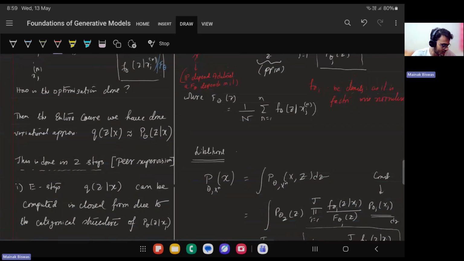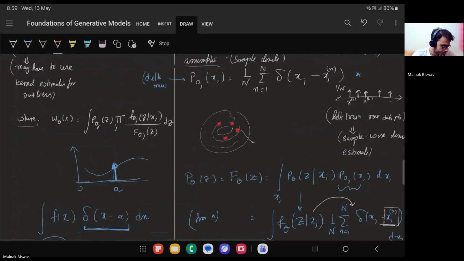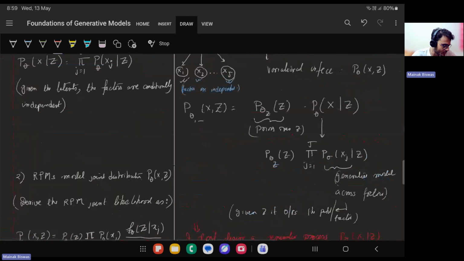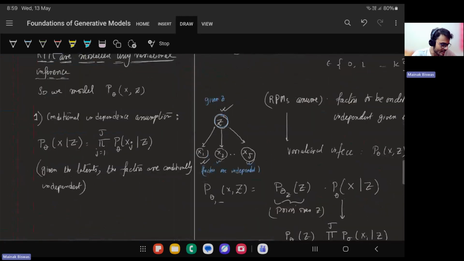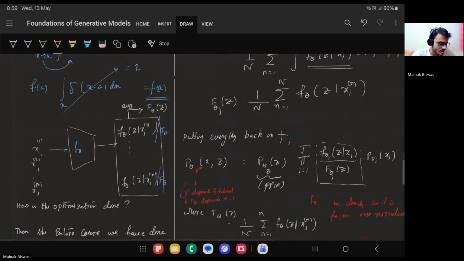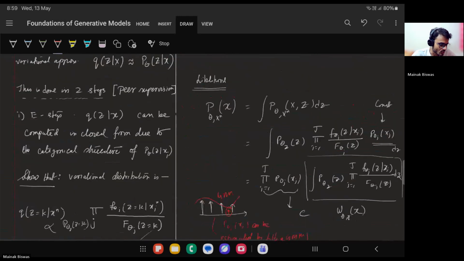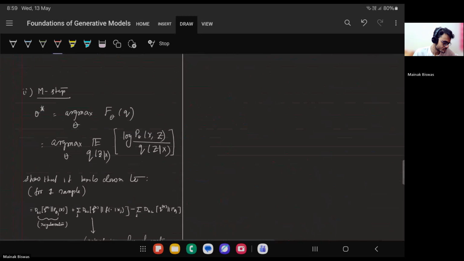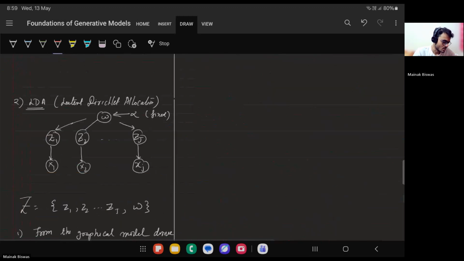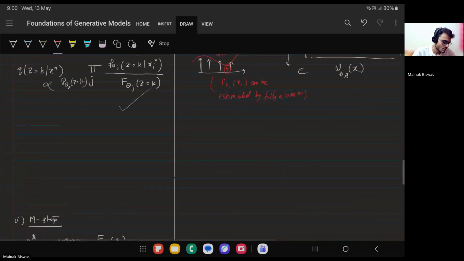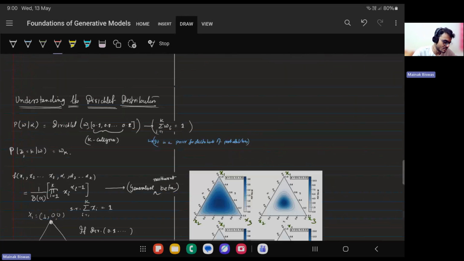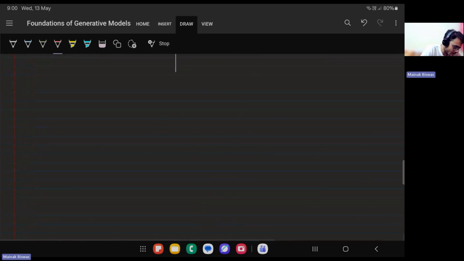So now let us try and understand peer supervision. We'll try and understand what peer supervision will do. I'll come to the E step and the M step, but I'll retry to write down what peer supervision is.